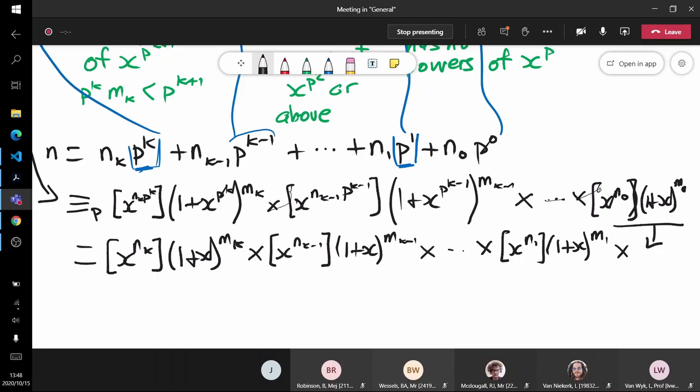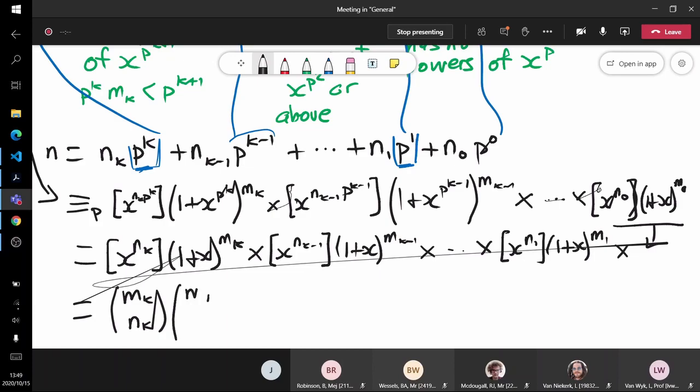Cool. And here we are. Each of these terms is simply just a binomial coefficient. The first one is m_k choose n_k. The second one is m_(k-1) choose n_(k-1). Oh, that looks horrible.